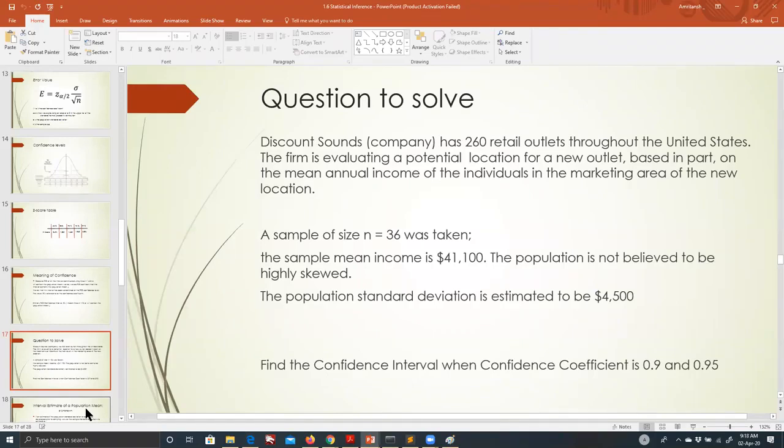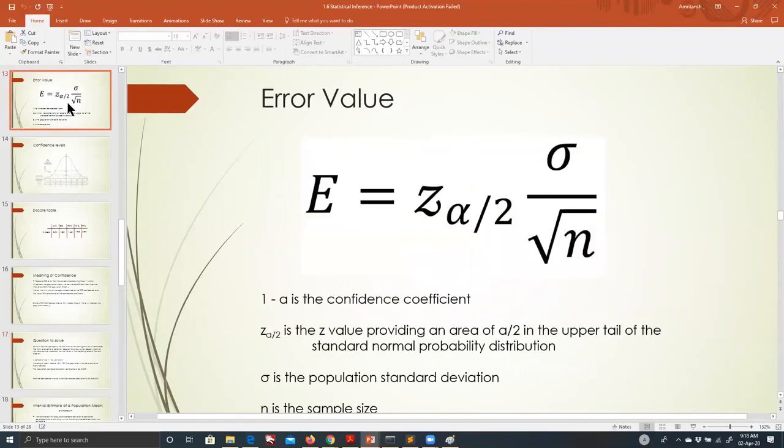So how do you know this? How do you calculate? You will require this equation. The interval estimator is nothing but mu plus minus error.